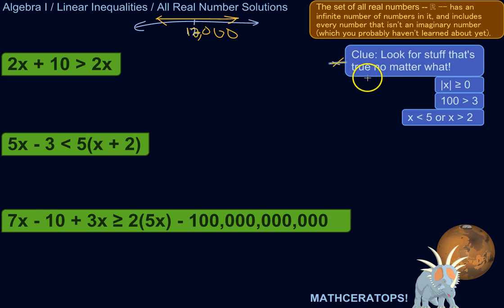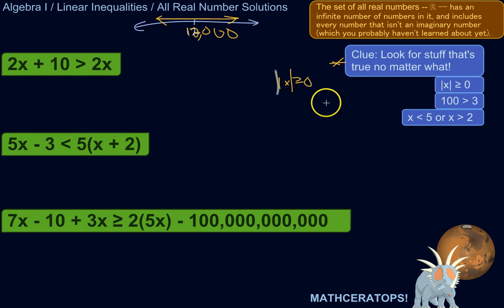If you work with an inequality and get down to something that's obviously true no matter what, like the absolute value of x is greater than or equal to 0, that has to be true. You can plug any number in for x, and that inequality will be true, because the absolute value of something has to be 0 or greater.